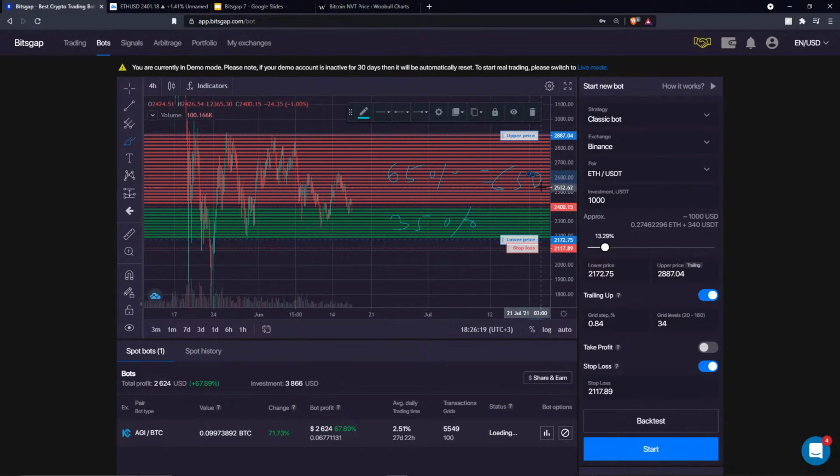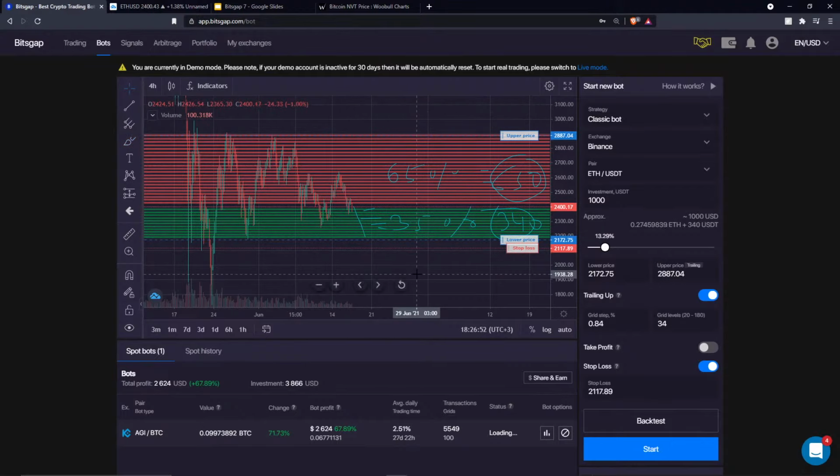You will need to have Ethereum already on your balance worth 650, and that's exactly 0.27 Ethereum you need to have, and the rest is $340 as stated here, which is the amount of USDT you need to have just in case the price of Ethereum falls, and this USDT will be used to buy more Ethereum, to allocate more Ethereum in your portfolio and to achieve a better entry price, right?